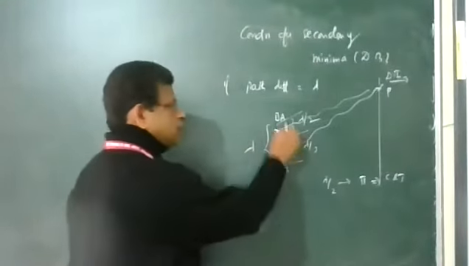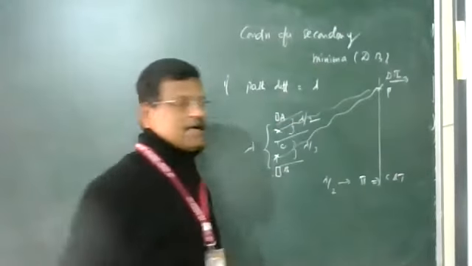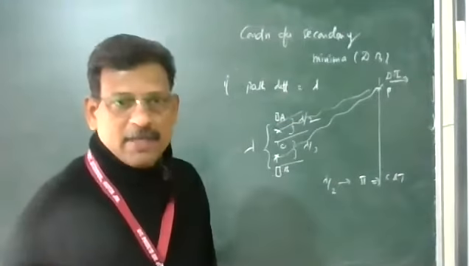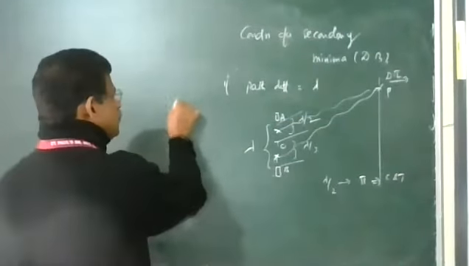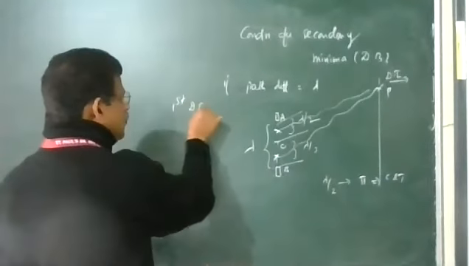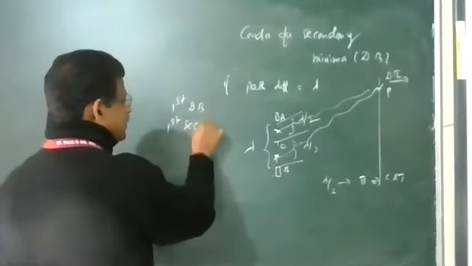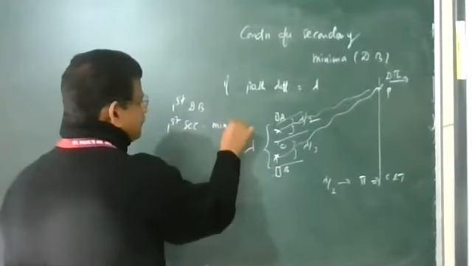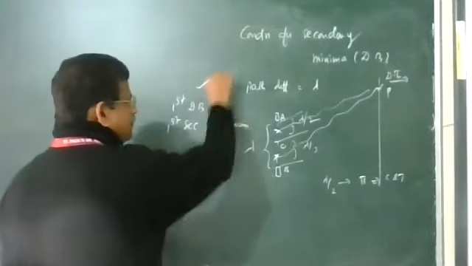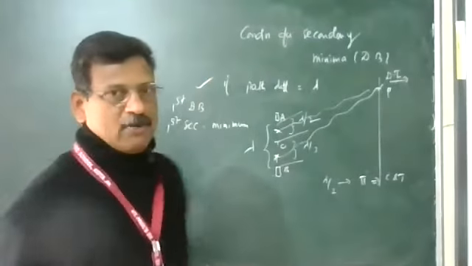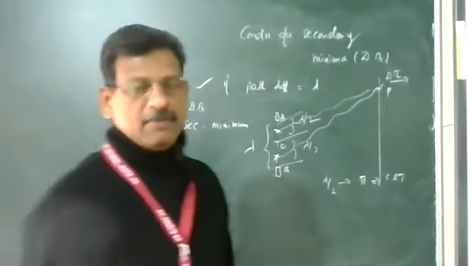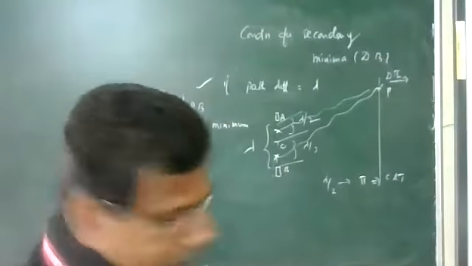So any pair from top and bottom go there and destructively interfere, and this will be the condition for the position of the first dark band, or we call it the first secondary minimum. The path difference lambda gives the position of the first secondary minimum, the first dark band.